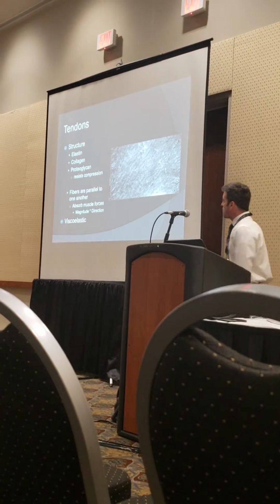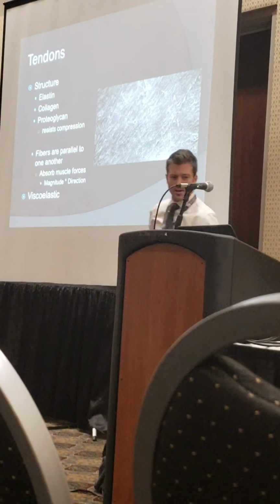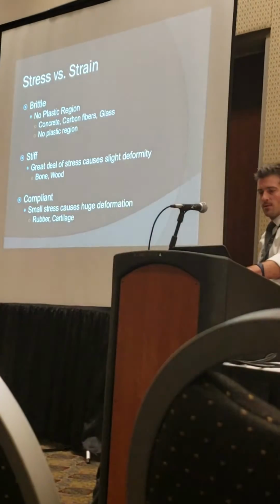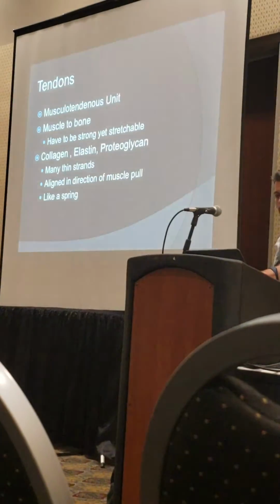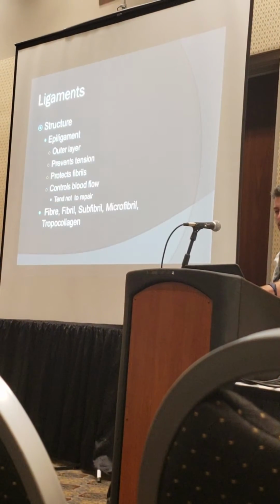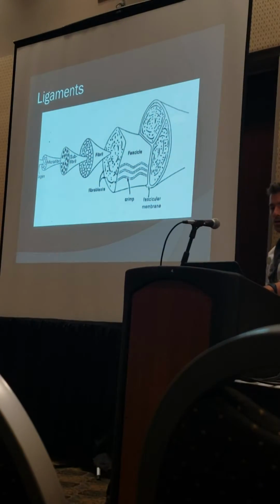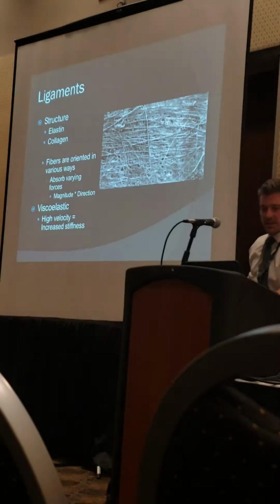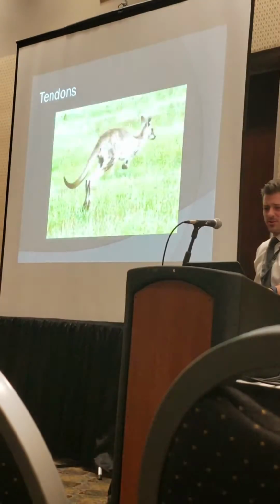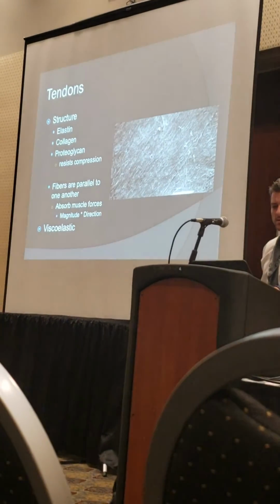So if you look at the structure of tendon compared to ligament, I even have another graph to show you the difference between the two. So ligament is much more cross-hatched here, and this is what tendon looks like here.